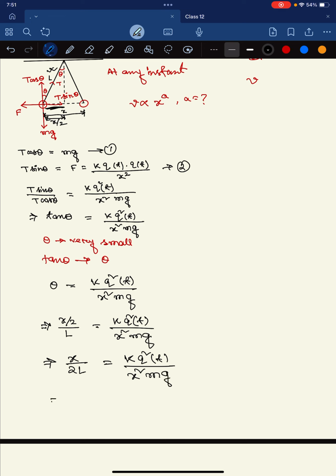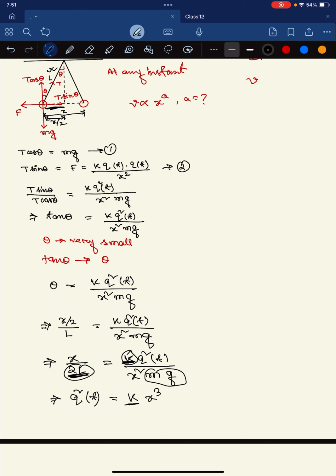From here you see q square of t is equal to some constant times x cube, because L is constant, k is also constant, mg is also constant. So these things, mg, k, 2L, will give a constant term.